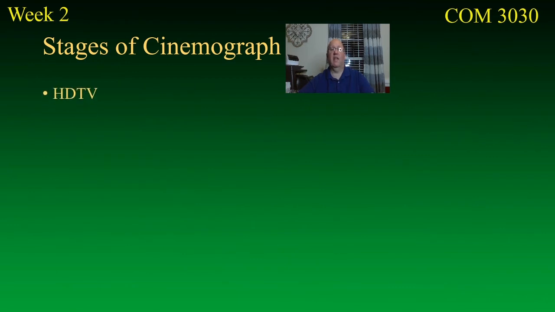Okay, high definition television. Let's finally move out of that realm. Now you might think, well, what's the difference? It's not electronic. High definition television is digital. Now I'm going to put a big dividing line here between digital and electronic. Electronics is when you've got tubes, diodes, resistors, and all these different things.